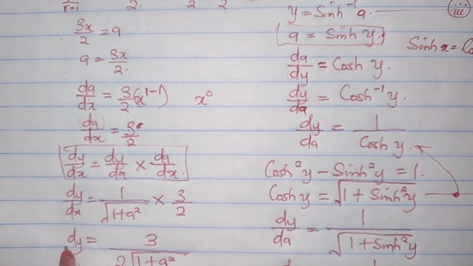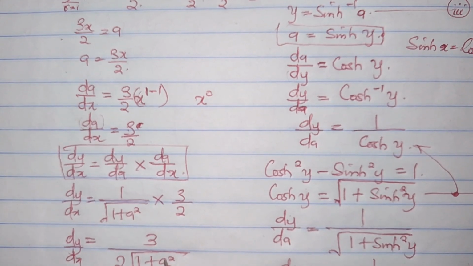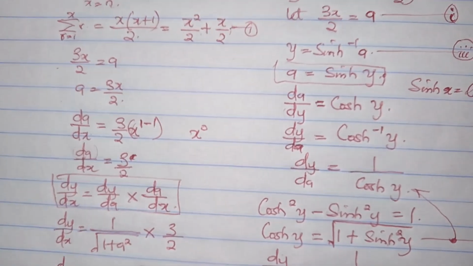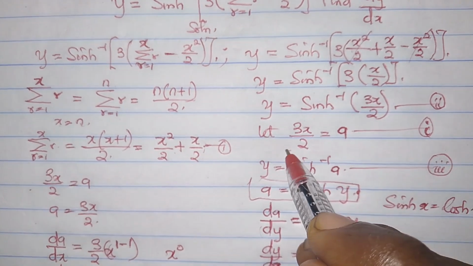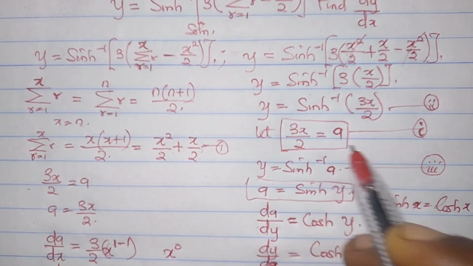But we have to take note that a square was a variable we substituted for the whole of 3 over 2x.